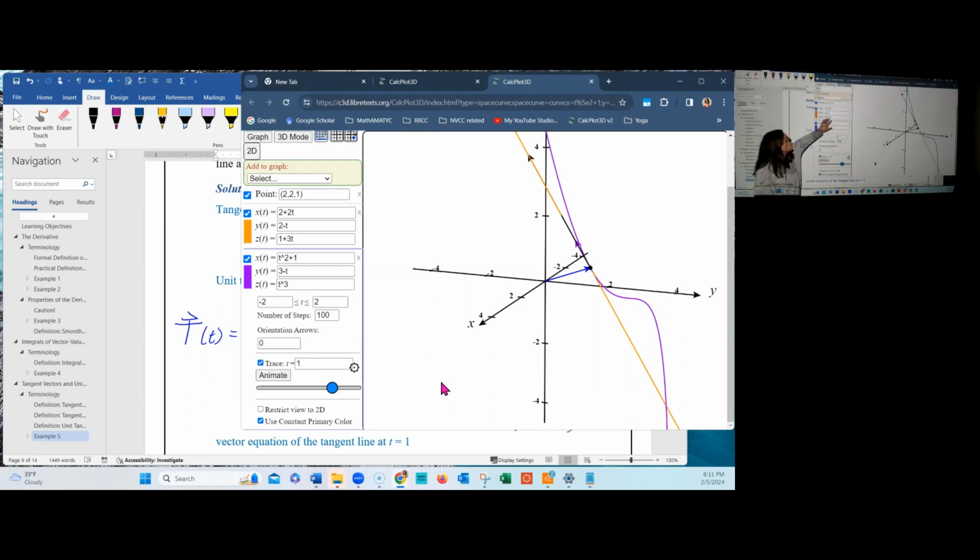And notice that we entered the tangent line as the position vector 2, 2, 1 plus t multiples of the direction vector 2, -1, 3, which gives us x of t is 2 plus 2t, y of t is 2 minus t, and z of t as 1 plus 3t. And we allow t to go from -infinity to infinity.